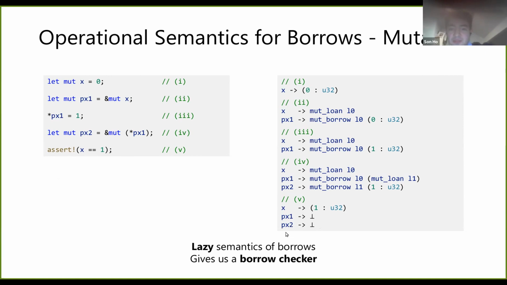And we would see it because on the right, we would want to access a bottom value, which is invalid. So this is an illegal operation, and we see, okay, we're violating the borrow mechanism. So this gives us a way of handling mutable borrows. The shared borrows are very similar, so I'm going to skip it.